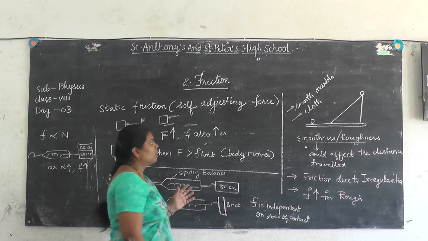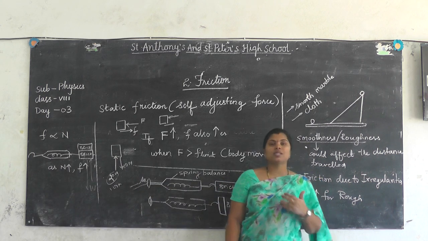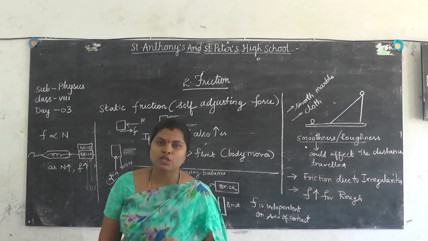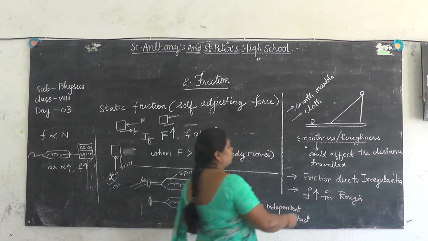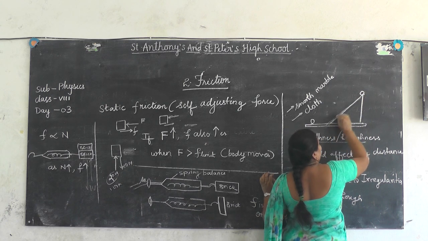Coming to the next, here we will observe how frictional force is affected by the smoothness and roughness of the surface. Let me take a table here and a sloped or inclined plane here.